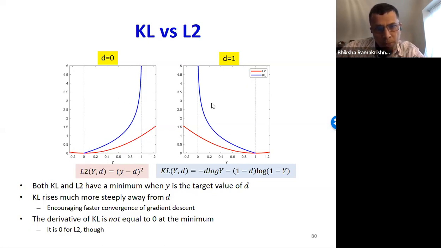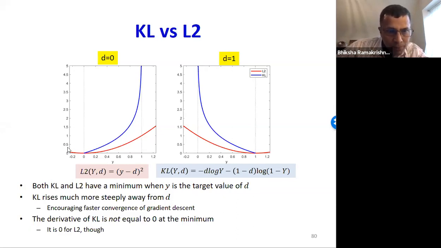This is the same plot when the desired output is 1. This is the Kullback-Leibler divergence versus the L2 divergence. And again, you can see the L2 divergence doesn't encourage moving towards the correct solution as much as the KL divergence. And as a final point of note today, there's something very strange going on here.